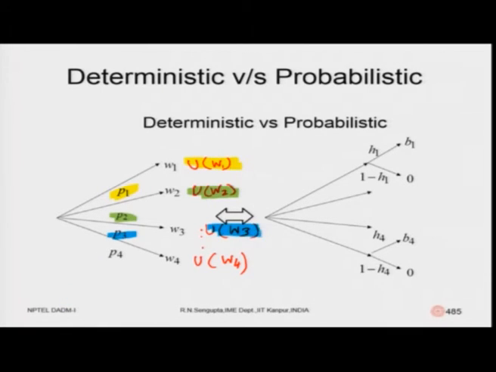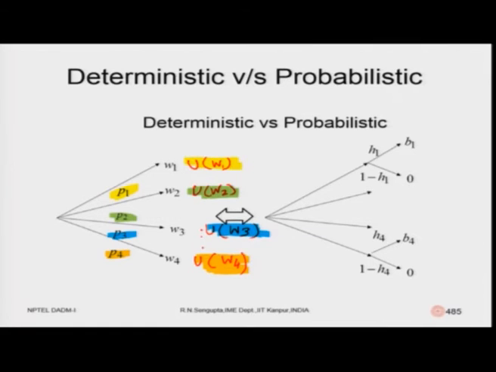P3 U3, this is U3, then I will use another color, P4 and U4. So, to find out the expected value, what you do is multiply the utility and the probability.